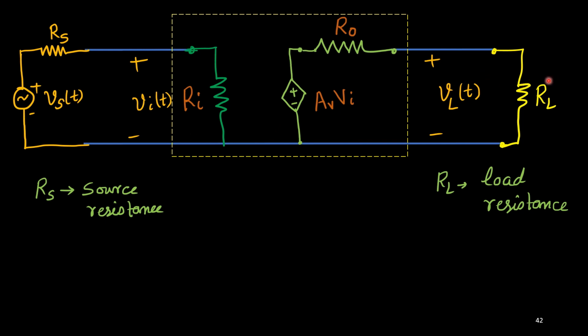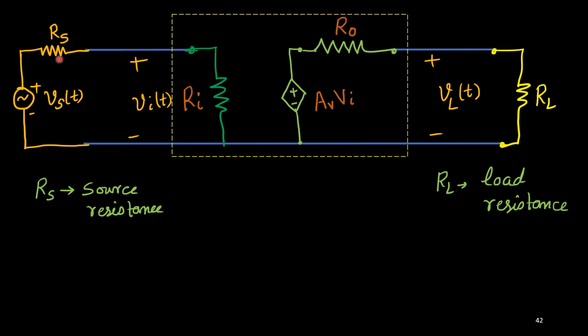So the speaker is the load, RL is the speaker's resistance, and Rs is the resistance of the microphone.